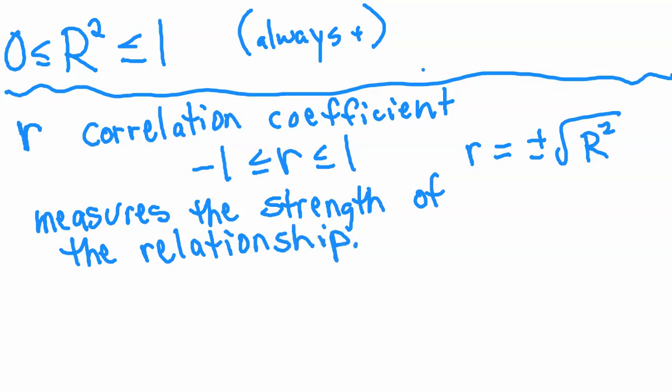Okay, when you take the square root of something, you have two answers. You have positive or you have negative.